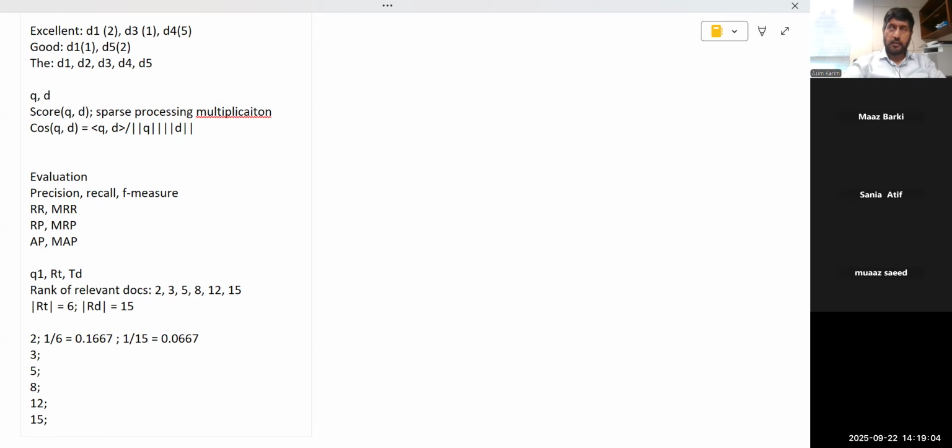So what about this second one? Can someone tell me, what would be the recall at rank 3? How many documents have we seen?